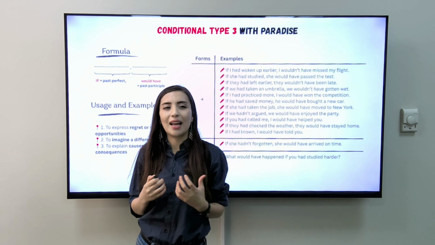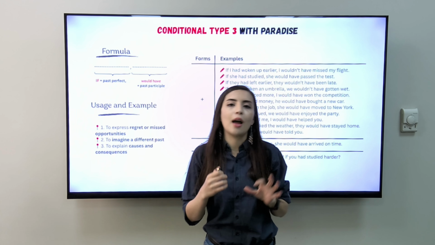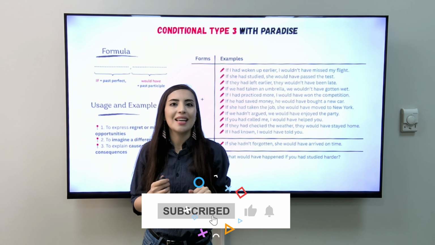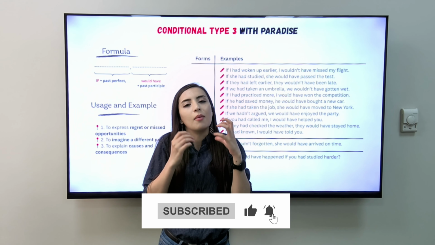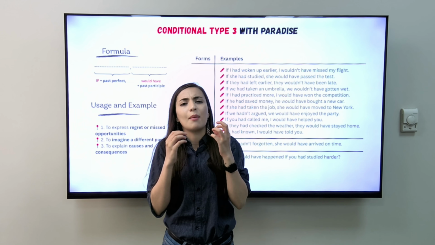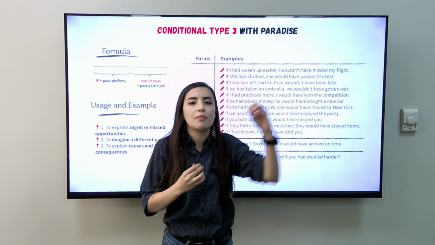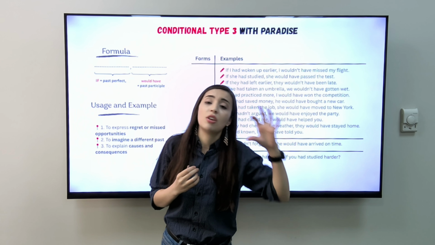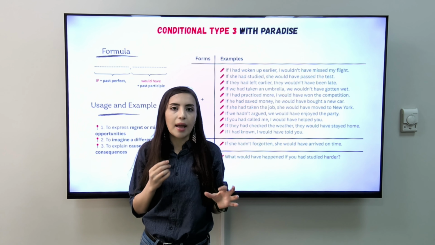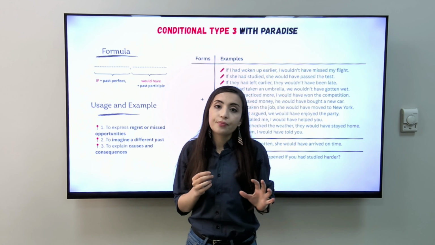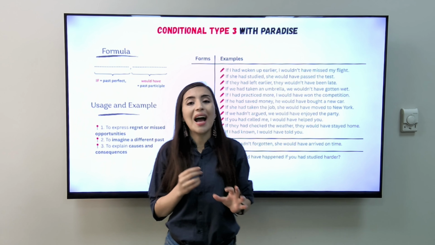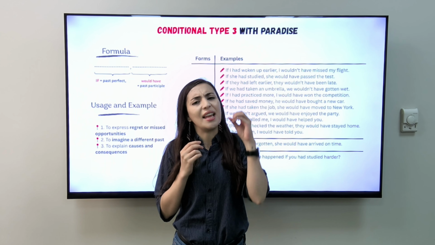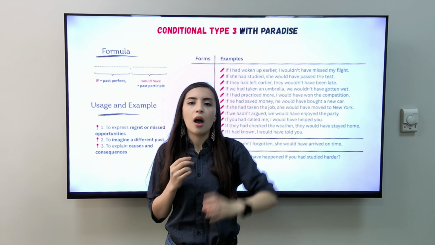It's a kind of thing that if I had done that, I would have done this. You see, it's talking about a missed opportunity. It's talking about a thing that you lost in the past and you cannot do anything about it. You're just fantasizing it.